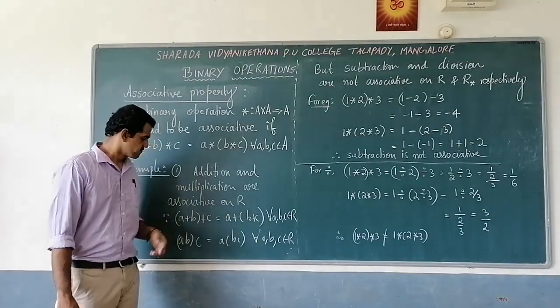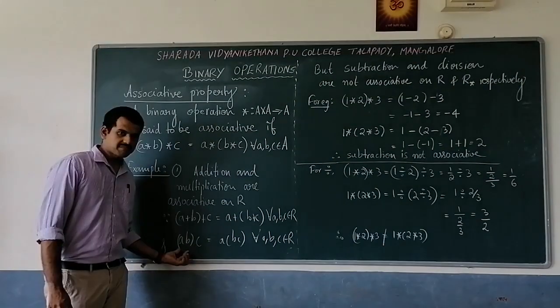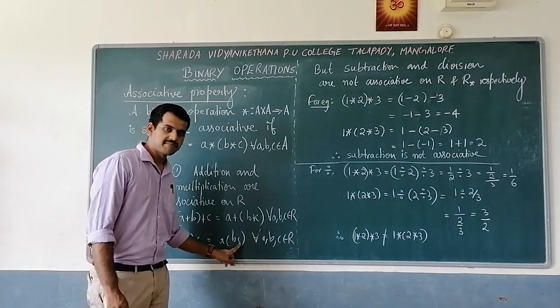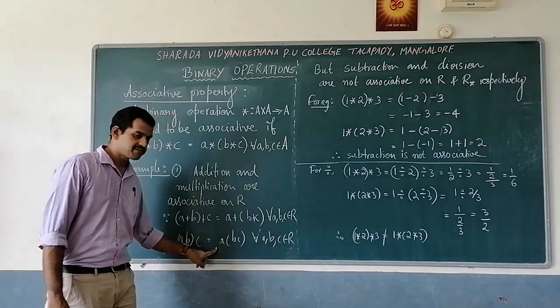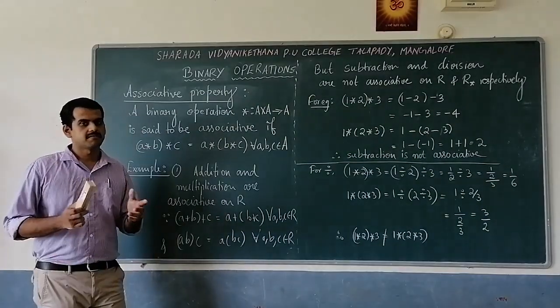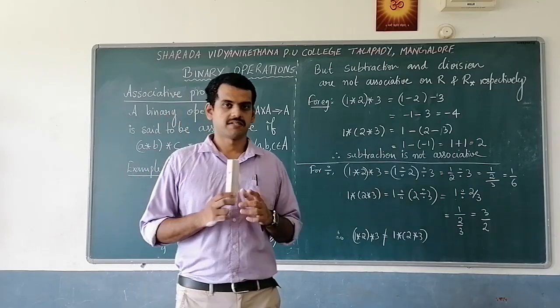The associative property holds good. Similarly, coming to multiplication, the product A into B multiplied by C is exactly the same as first multiplying B and C, and after that multiplying by A. Both are going to be one and the same. So in these cases associativity holds good.